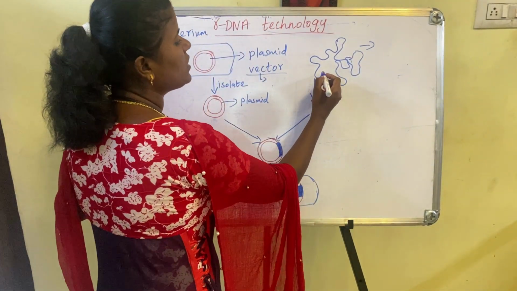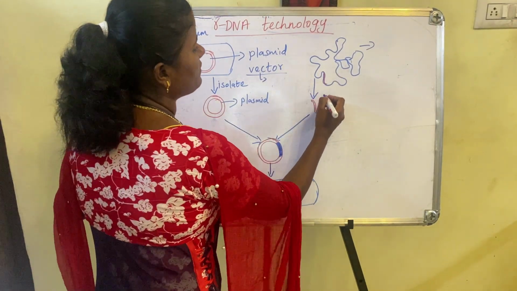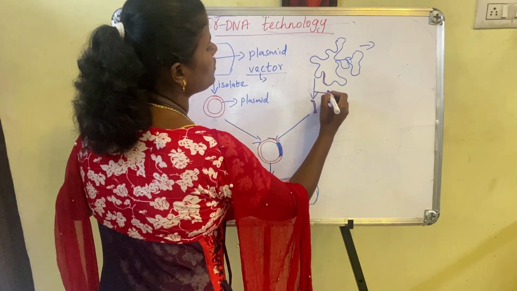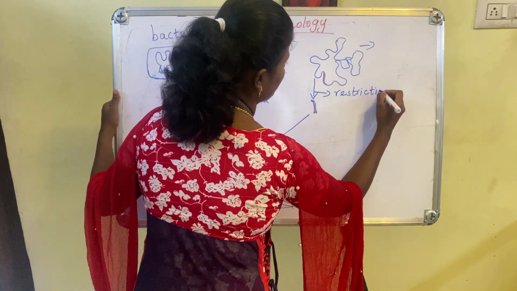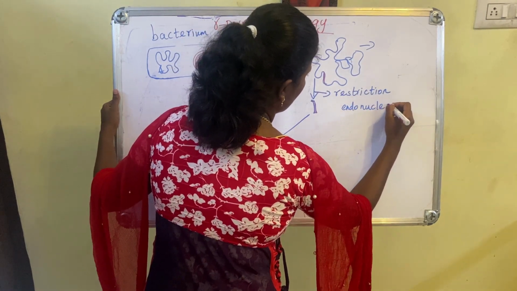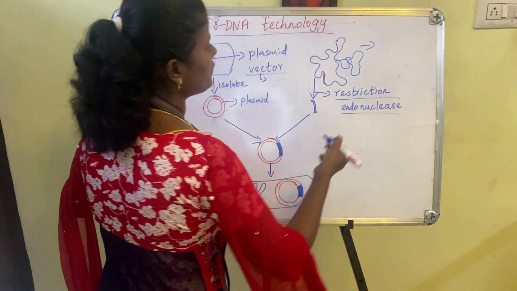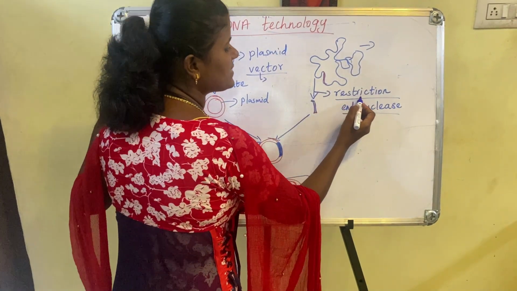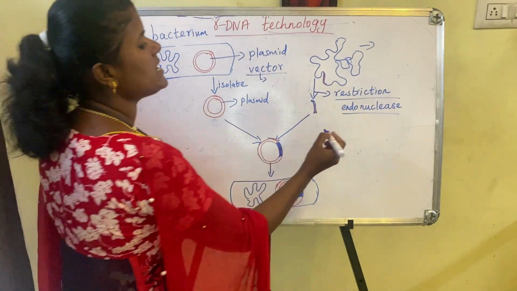We have to cut the specific DNA by using restriction endonuclease. This enzyme is used to cut the DNA molecule. Understand? Is this clear?